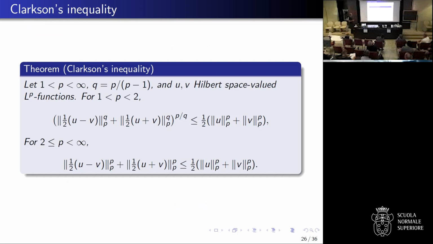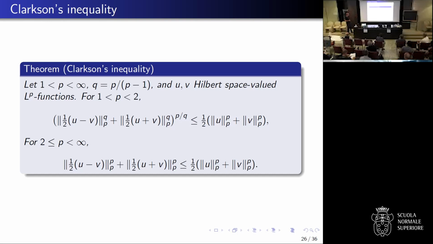Conjugate exponent means 1 over p plus 1 over q is equal to 1. And my functions here, and this is very important, are Hilbert space valued on some kind of measure space X, and pointwise my functions are these Cheeger differentials, and this all lives, if I want, in some kind of fixed Hilbert space, right?